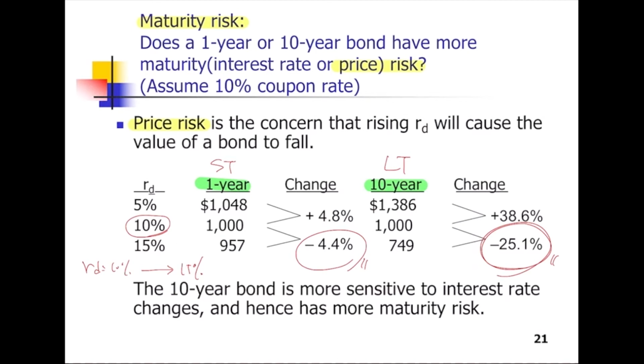So the 10-year bond is more sensitive to interest rate change and hence has more maturity risk. As I mentioned before, the price risk is the key factor for the maturity risk. So in conclusion, long-term debt has more price fluctuation, and so long-term debt has more maturity risk.